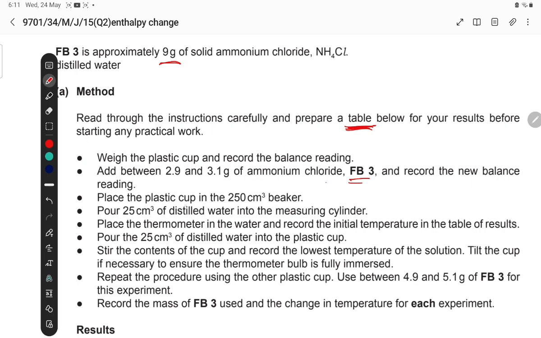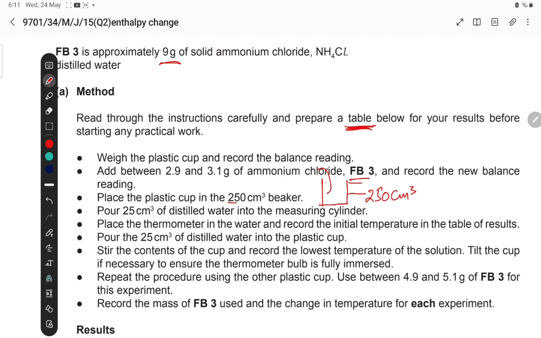Place the plastic cup in the 250 centimeter cube beaker, and it is transferred in the 250 centimeter cube beaker. Pour 25 centimeter cube distilled water into the measuring cylinder.